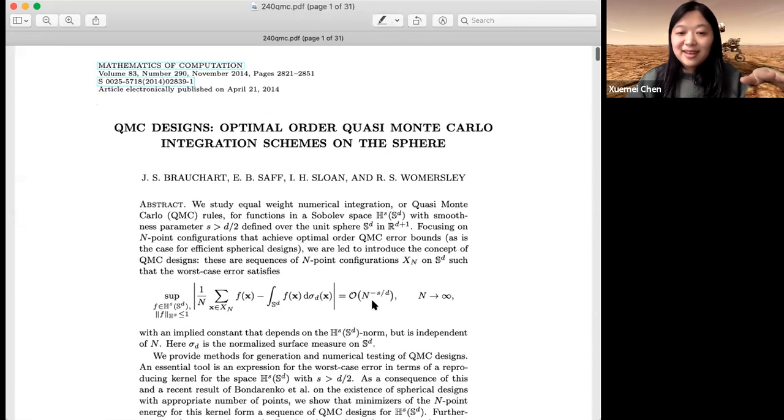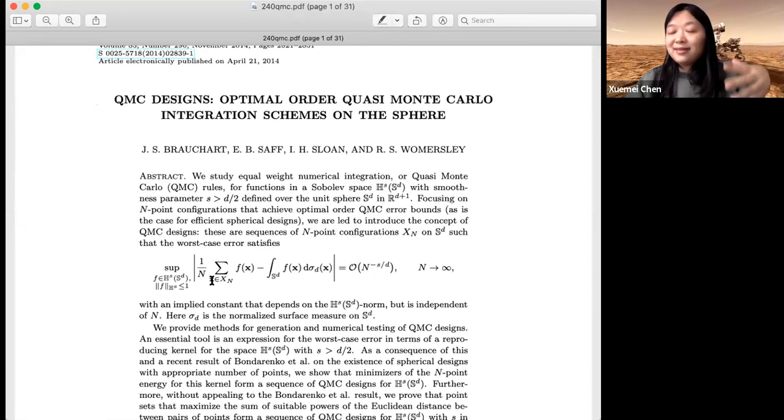It is in terms of the number of points, and it can be written in terms of an actual integral, the difference between the continuous and the discretized version, which is why it's really a quadrature problem. But what they have here is a really strong assumption: that the function is in a Sobolev space.